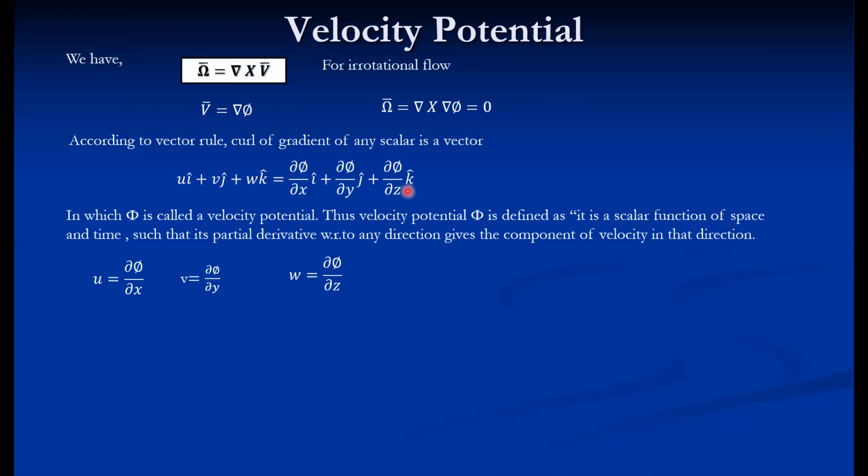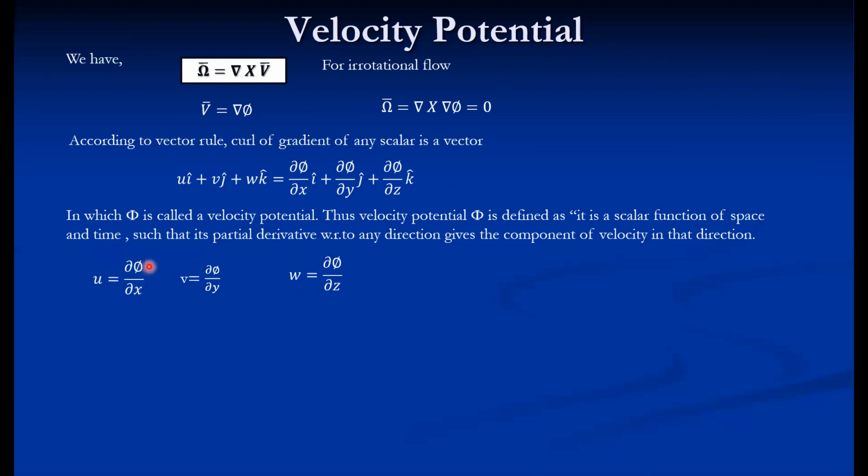After comparison, we can say that u is equal to ∂phi/∂x, v is equal to ∂phi/∂y, and w is equal to ∂phi/∂z. So from this expression, we can define this function as a scalar function of space and time such that its partial derivative with respect to any direction gives the component of velocity in the same direction.